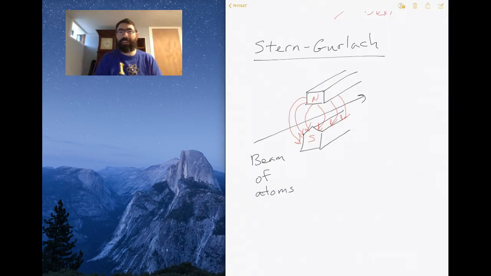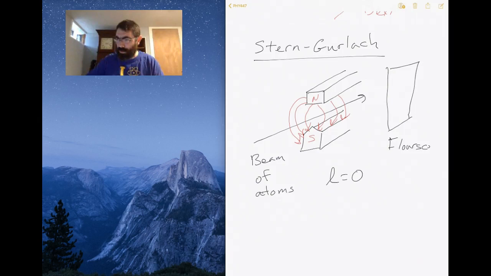And basically these atoms, even though the atoms have no orbital angular momentum, so they set the angular momentum to zero, they basically picked a spherically symmetric atom, were allowed to go through this magnetic field. And the result was, when they put a fluorescing screen over here, that the beam actually formed two spots.